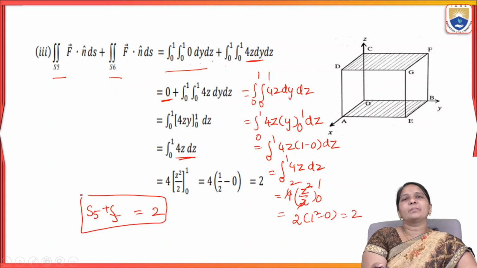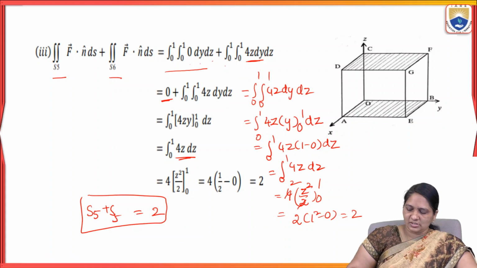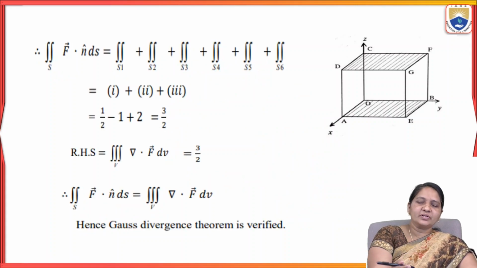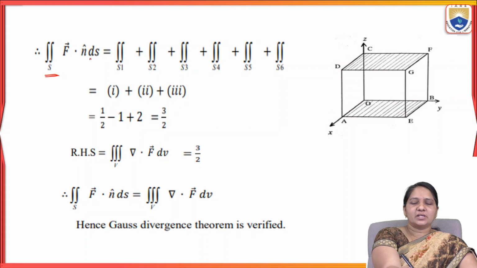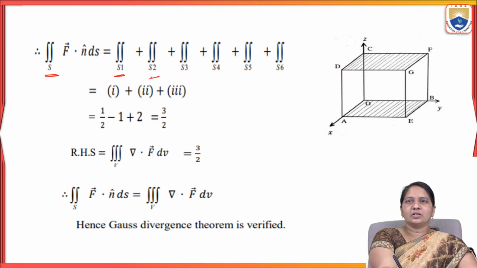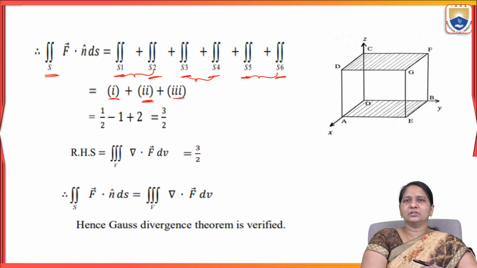Now, we are going to sum up S1 plus S2, S3 plus S4 and S5 plus S6. We can observe here that the double integral over S of f bar dot n bar ds equals the double integral over S1, S2 plus S3 plus S4 plus S5 plus S6. S1 plus S2 I got in the first equation, S3 plus S4 I got in the second equation, and S5 plus S6 I got in the third equation.